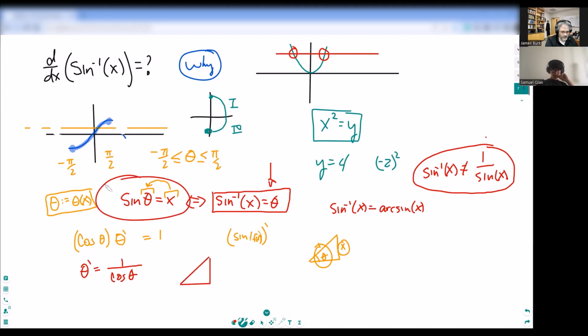Sine is opposite over hypotenuse, and with the adjacent side, using the Pythagorean theorem, it's the square root of 1 minus x squared. And cosine is adjacent over hypotenuse. And that's why the derivative of arc sine is 1 over the square root of 1 minus x squared.